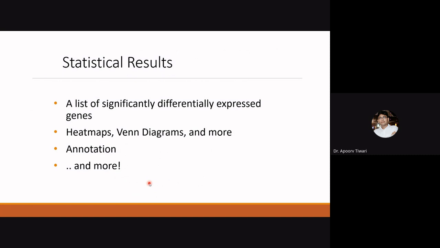We can provide the statistical cutoff for the data, and in general the p-value is 0.05 and the log fold change value is 2. If we provide these values, then the data we obtain is significantly differentially expressed, and we can use the differentially expressed genes for heat map analysis, Venn diagram, and more for annotation.